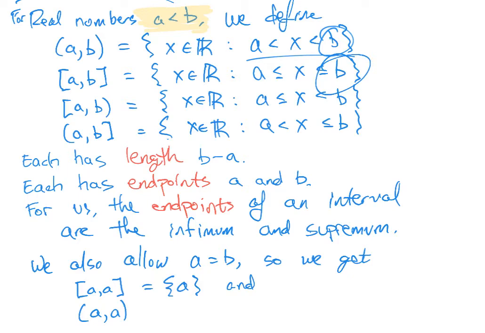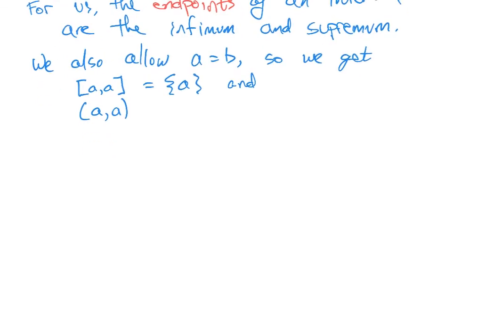There's no x that's greater than a and less than a at the same time. So that's the empty set, but also these half-open things are the empty set too. So those are intervals too. A singleton is always an interval, and the empty set is always an interval.